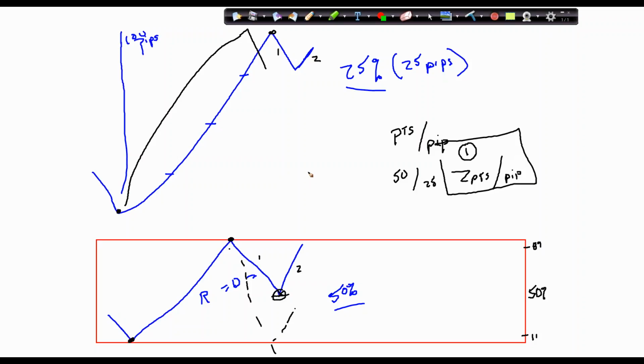So let's think about this as I've drawn it. If this was 25 pips down here, right now, where do you think the end of wave 2 is, or the second price move up? At that point there, about how many pips do you think we've gone from X to Y? It's pretty absolute. You can see it. So what do you think it is?